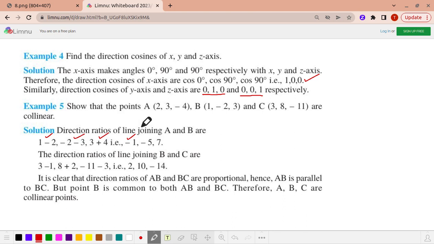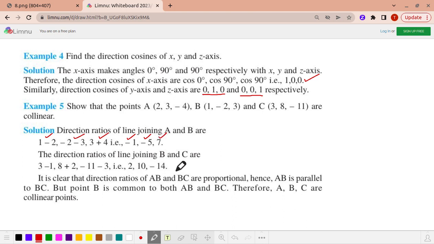The another part of the direction ratios will be the y coordinate of the point B, that is minus 2, minus the y coordinate of the point A, that is minus 3, that is minus 2 minus minus 3, that is minus 5. And the third part of the direction ratio is the z coordinate of the point B, that is 3, minus the z coordinate of the point A, that is minus 4, that is 3 minus minus 4, that is 3 plus 4, which is 7.